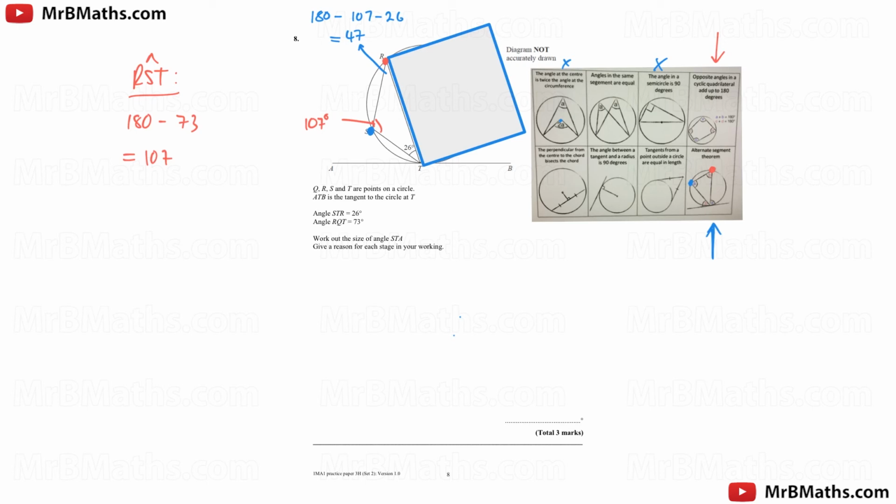So if I look at that alternate segment theorem, what I can see is that this A here will give us this angle here. So we're not interested in the A, we want to find out this angle here, which happens to be the B.